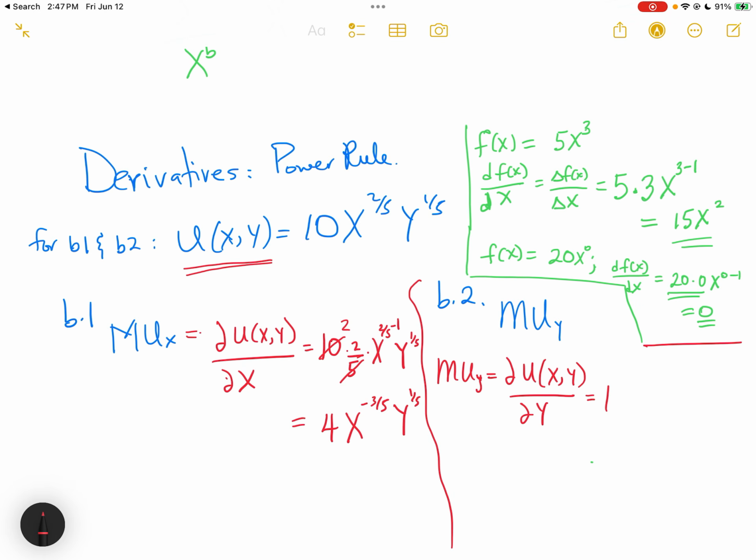So 10 times the power on y, 1/5, times x and its power, times y, and in the power of y, we subtract 1. And so 5 goes into 10 2 times, so that's 2, x to the power 2/5, y to the power minus 4/5, and you're done. Well, for these two.